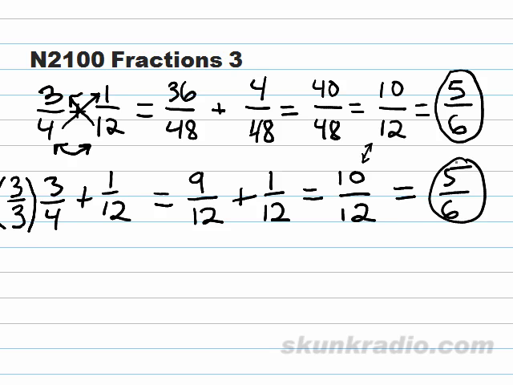But this technique of multiplying by this 3/3, a fraction that's really just 1, doesn't change the value of the 3/4 fraction. It just converts the 3/4 fraction into this new fraction, 9/12, so that I can then finish my problem.